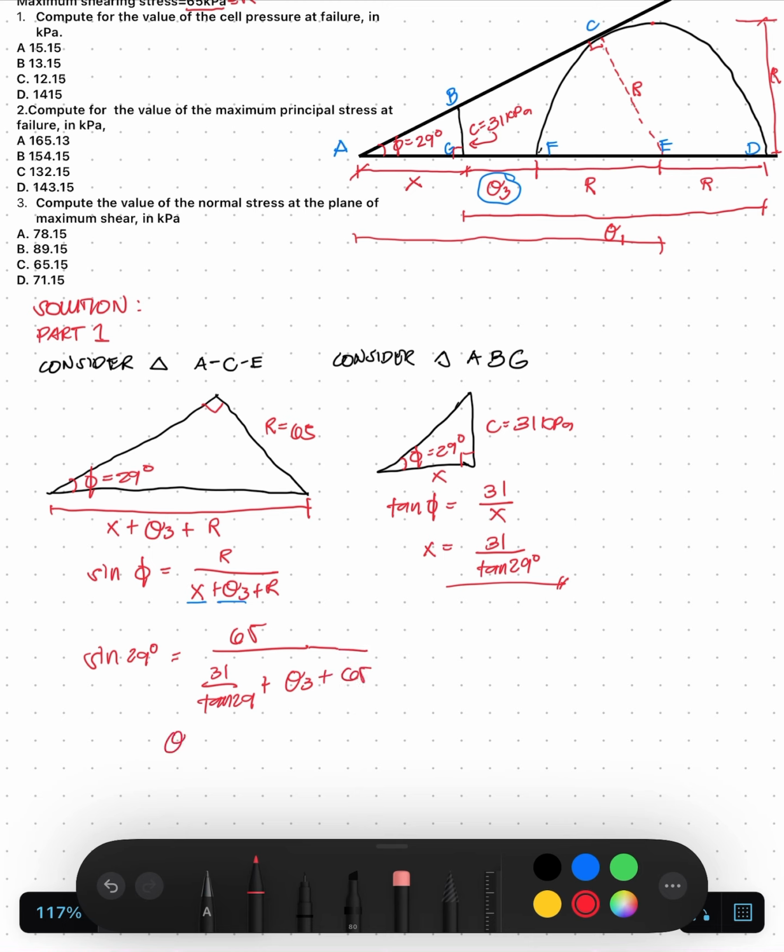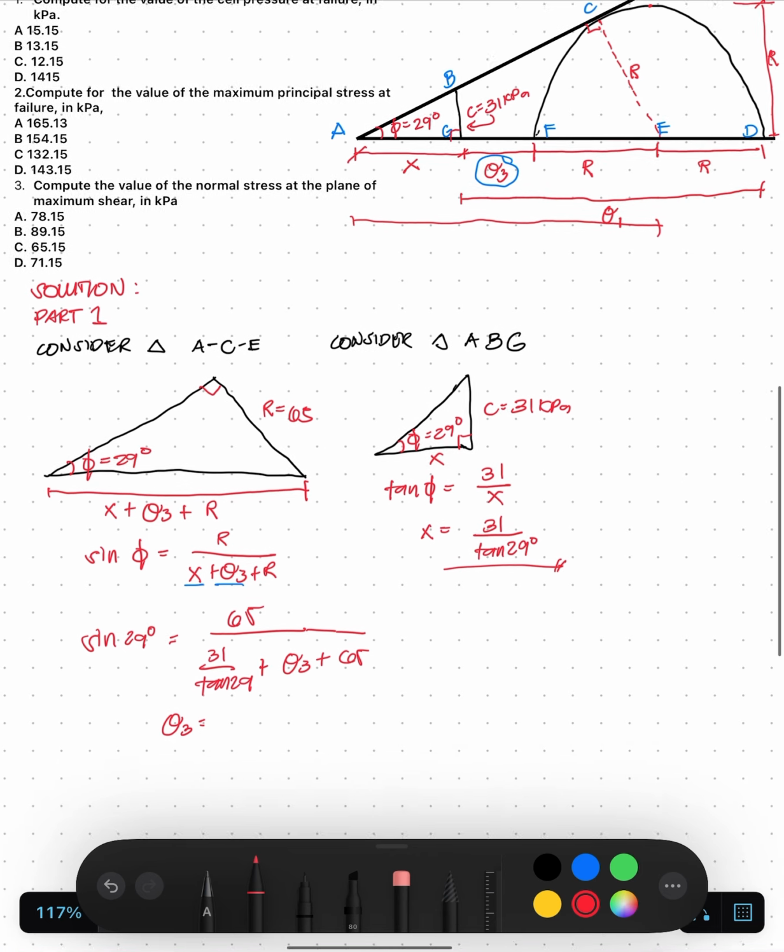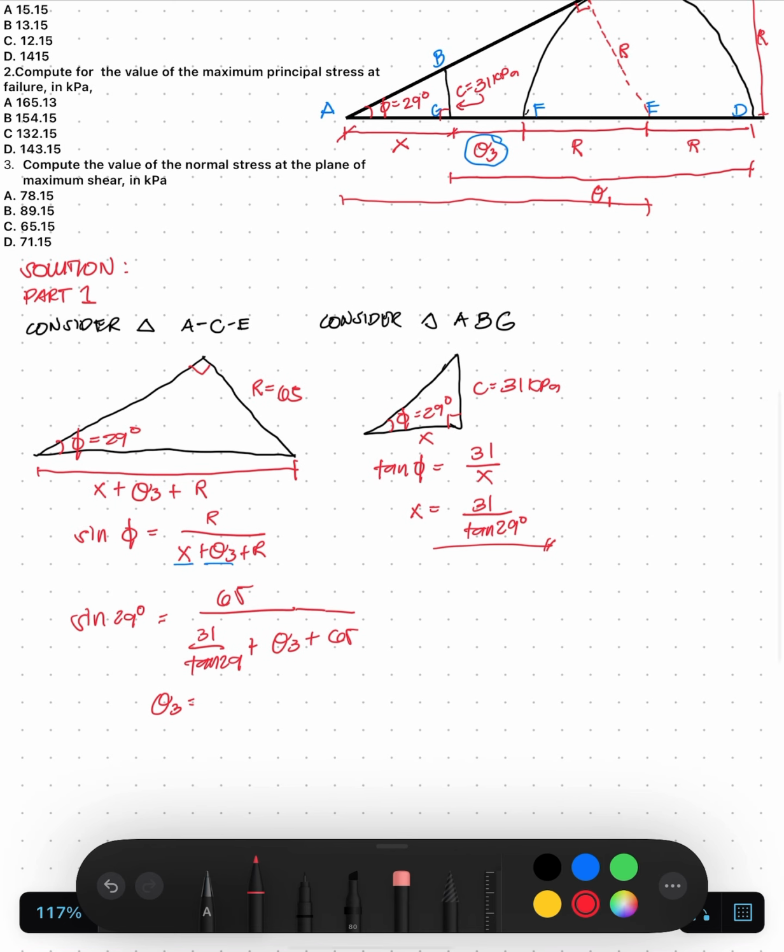So we can use shift solve. Again, that is sine 29 is equal to 65 over x, which is 31 over tan 29, plus sigma 3 plus 65, in which we can get our sigma 3 as 13.147 kPa, or say, rounding it off, 13.15 kPa.